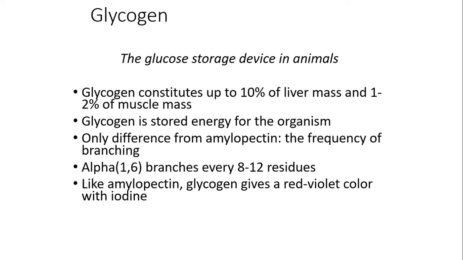Now, when it comes to saccharide storage in animals, the molecule is called glycogen. Glycogen makes up about 10% of the liver mass and 1 to 2% of muscle mass. So this is really just a short-term energy storage, but it can be consumed relatively quickly.